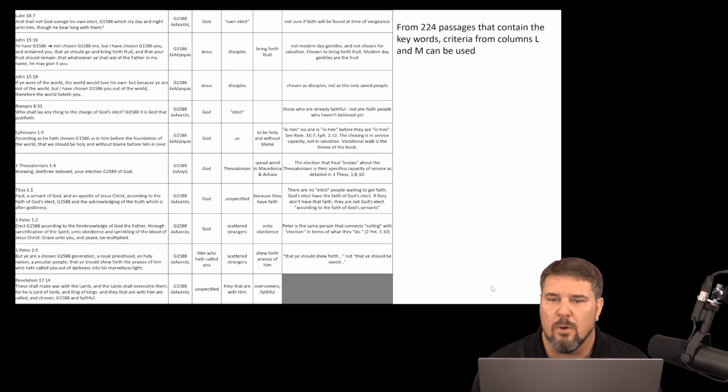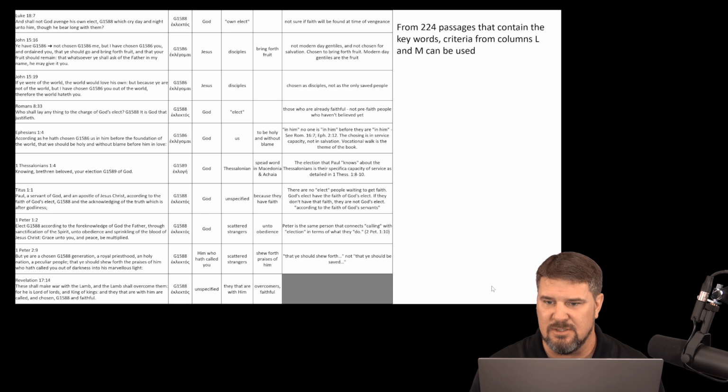What are they being chosen for? And I can narrow down to a select group of, if passages might have something to do with Calvinism, what might those be? And I've just used the criteria in the spreadsheet to narrow it down, and I think there's just 10 here. 1, 2, 3, 4, 5, 6, 7, 8, 9, 10.